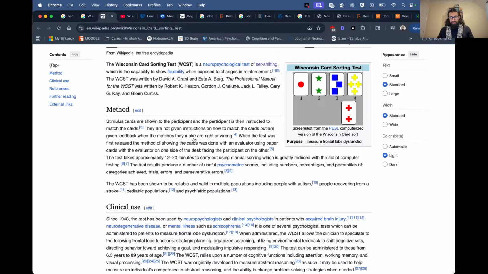Anyway, the Wisconsin card sorting test, which is the focus for today, was developed in the 40s, and this was a result of understanding how damage to the frontal lobe, which is this portion here, affects thinking, reasoning, and flexibility.